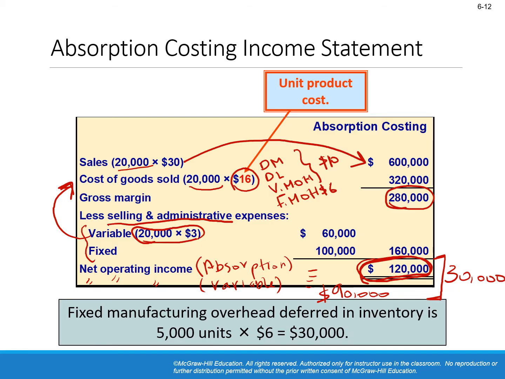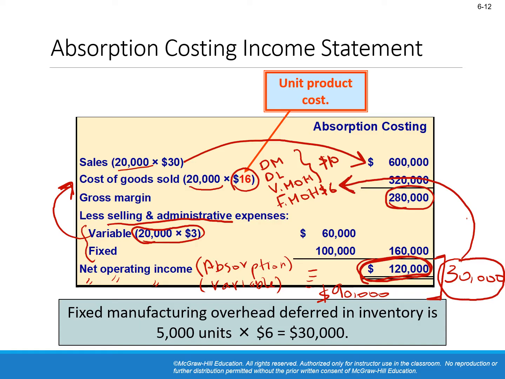Now this difference, the source of this difference, comes due to the fact that under absorption costing we included only part of the total fixed manufacturing overhead.